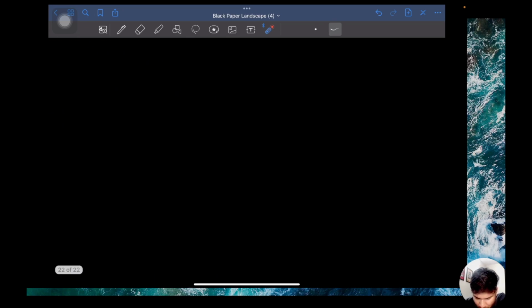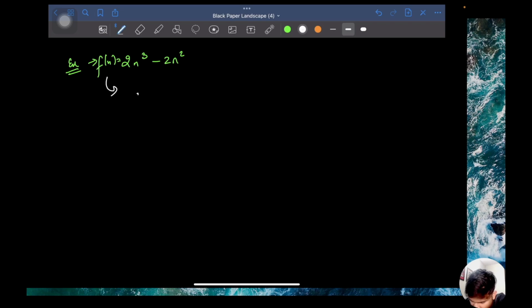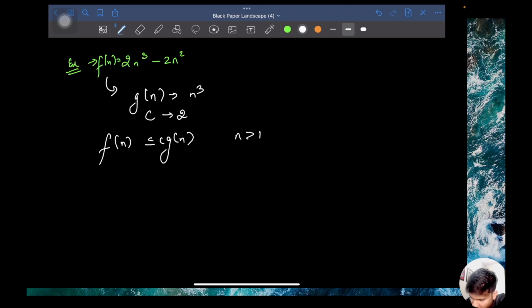So let's say I give you one more example, something like 2n cube minus 2n square. Let's say f of n is this. Then if I write g of n as n cube and c as 2, f of n will always be less than or equal to c g of n for n greater than 1.